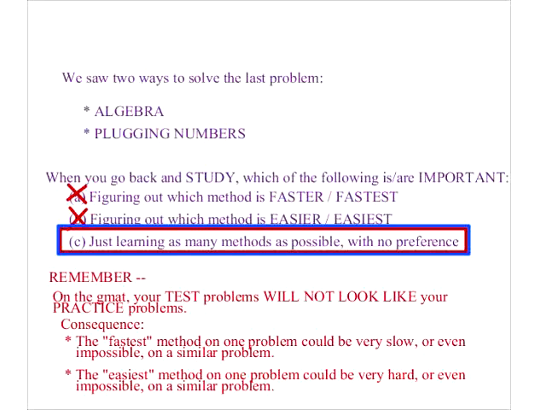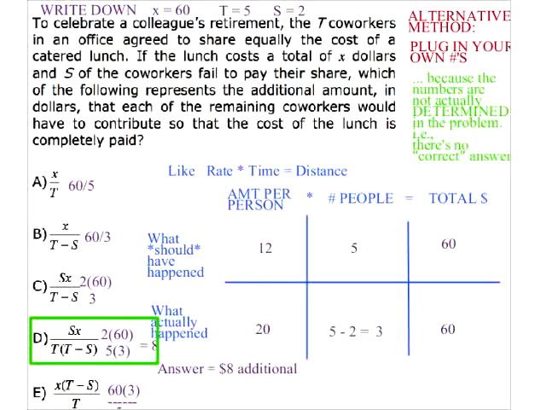This is the whole point of studying quant, to learn lots and lots of ways to solve stuff. This is the thing. So there you go. Any questions?